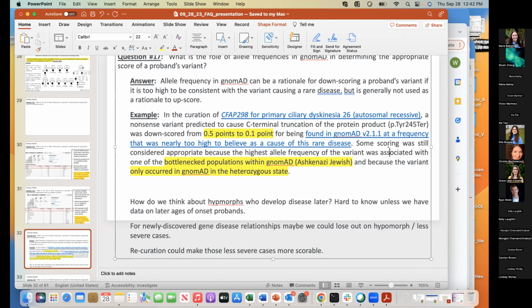Yeah, I think that's an awesome question. And I think that some groups are very aware that the spectrum of disease is kind of expanding over time, that you get the severe cases first, and then you get the hypomorphs later. So I think you kind of nailed it, Courtney, that you used a good word the other day. You said at this snapshot in time, maybe we can't incorporate the hypomorphs because we don't know enough about them, but we might expect that with recuration, they could fit right in and give us a bigger picture of the disease.